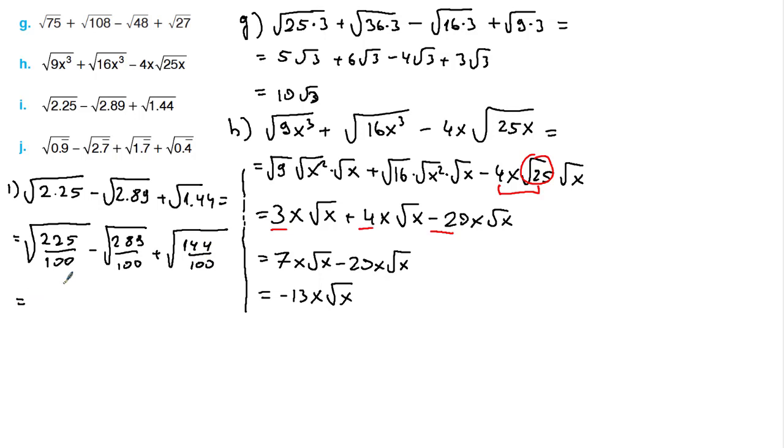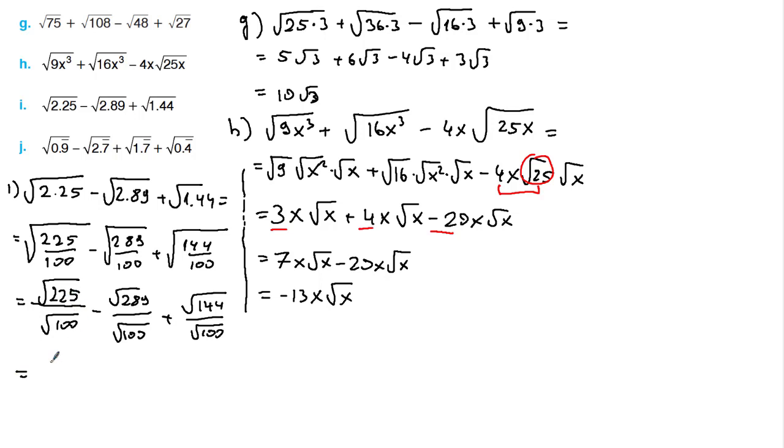Now, by using a property that we studied, we can separate roots like this. Square root of 225 over square root of 100 minus square root of 289 over square root of 100 plus square root of 144 over square root of 100.